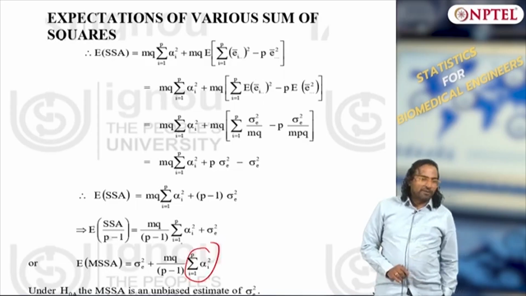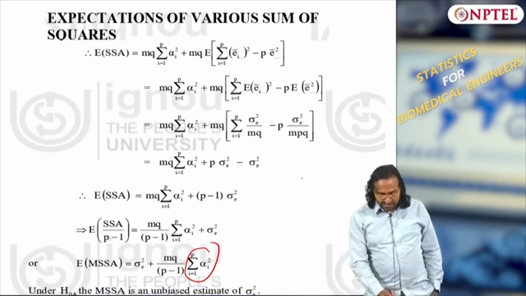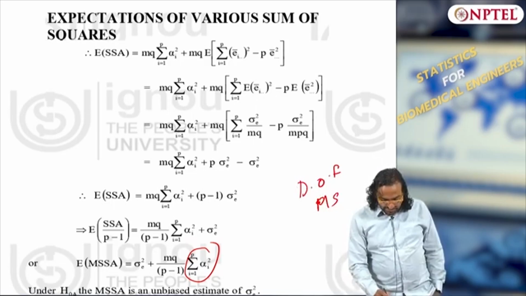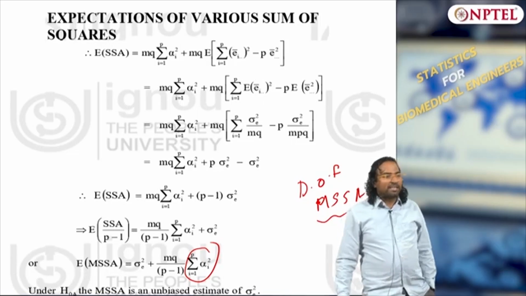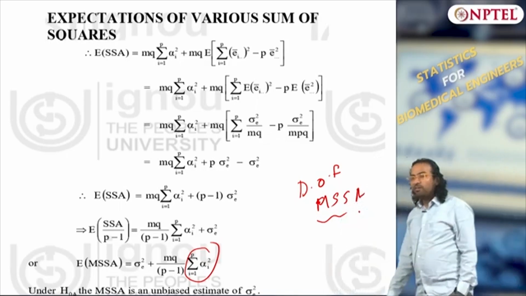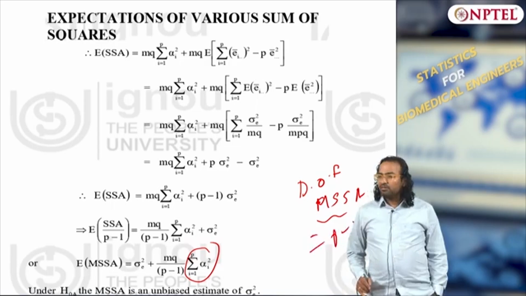And what is the degrees of freedom? What is the degrees of freedom of SSA or mean square treatment, MSA? Totally there are p levels, so you have p minus 1 degrees of freedom. Okay.